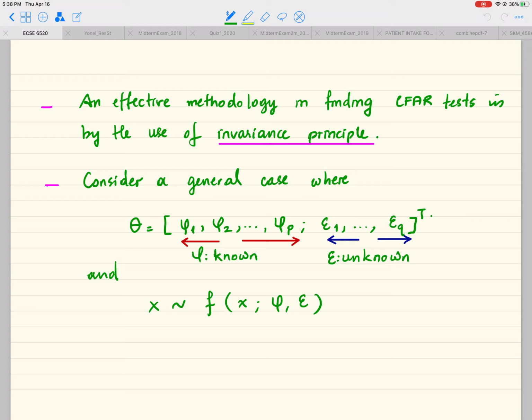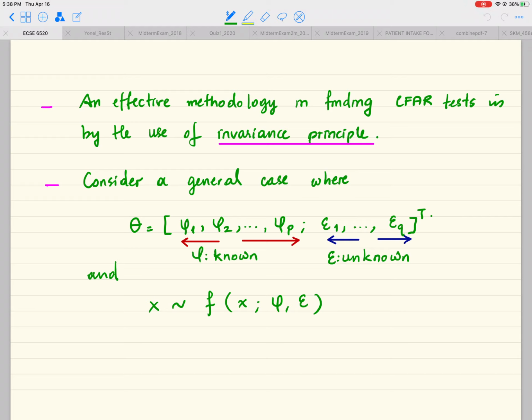In that case, the variance of the noise could be the unknown part of the parameter theta. And of course, the knowledge of phi is needed, but nevertheless, epsilon is a nuisance parameter because our main objective is to determine which parameter value to choose.